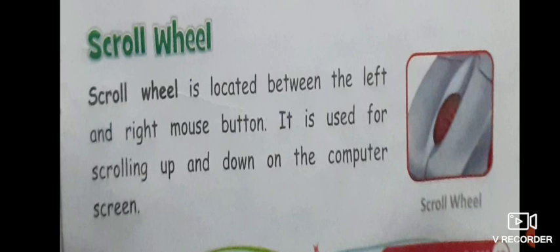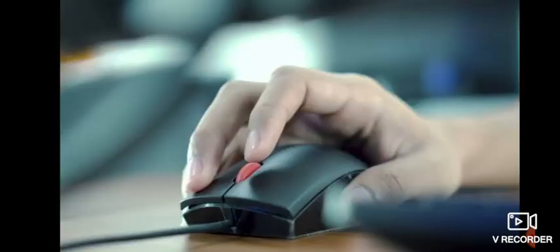Next is scroll wheel. What is scroll wheel? I have already told you that it is located between the left and right mouse buttons. It is used for scrolling up and down on the computer screen. It is used to move the page up and down. And to move the scroll wheel, use your index finger.